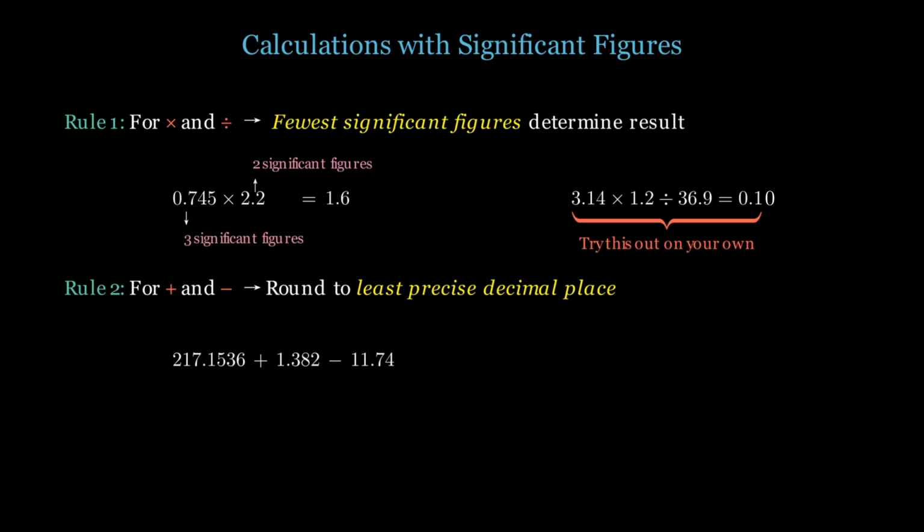Say we have 217.1536 plus 1.382 minus 11.74. This equals 206.7956. But the least precise decimal place among the values involved is the hundredths place in 11.74. So we round off to 2 figures after the decimal, ending up with 206.80.